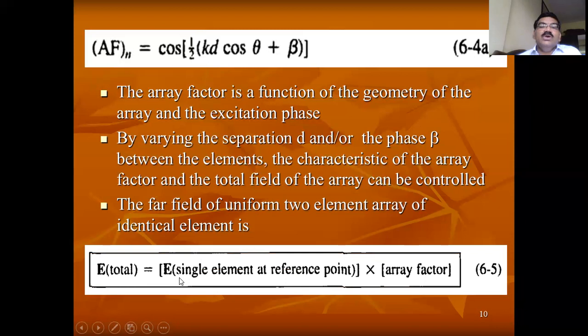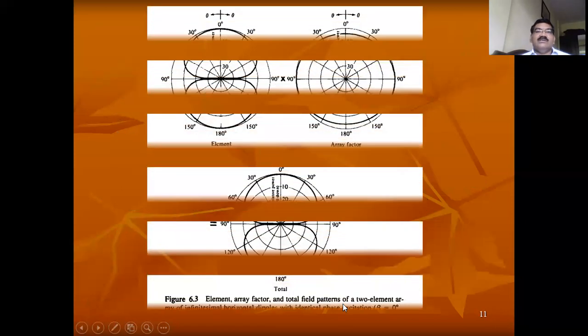So E total equals E of a single element at the reference point, that is the electric field due to a single element, times the array factor. We are making it simpler in the mathematical analysis, because the single element design can have a mathematical equation for the electric field. Multiplying by the array factor, you get the total electric field. How? Graphically we will understand.